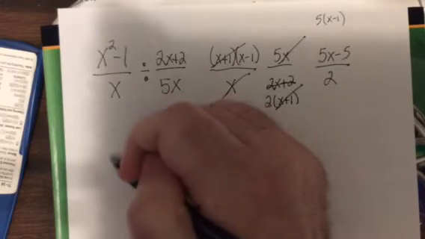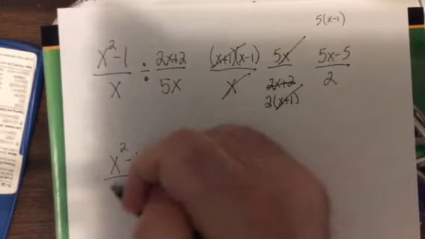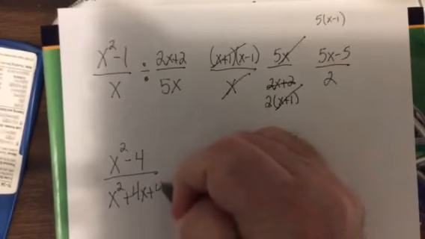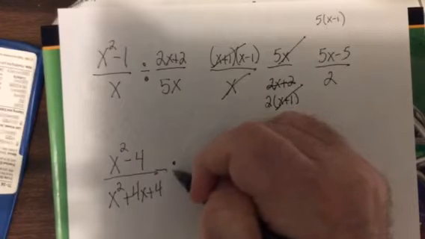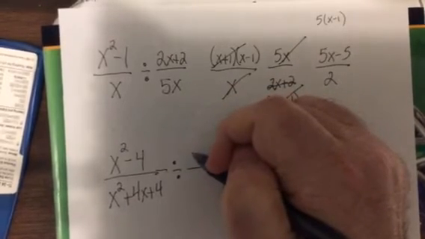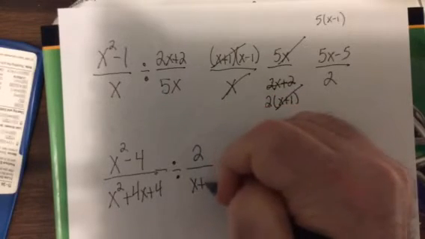Mercy. So let's look at this. X squared minus 4 over x squared plus 4x plus 4 divided by 2 over x plus 2.